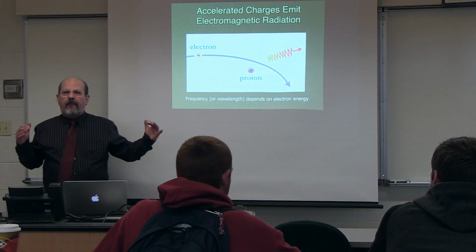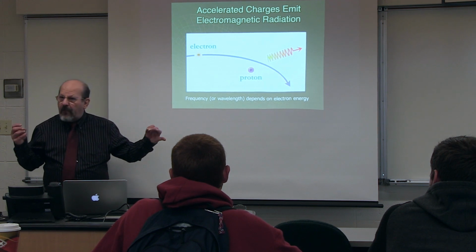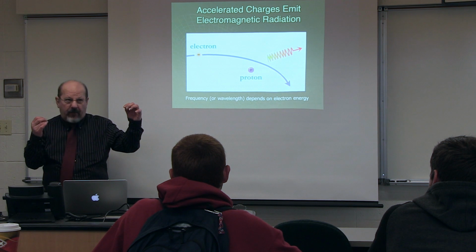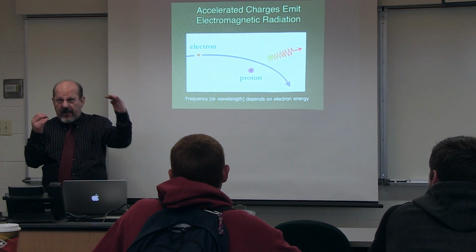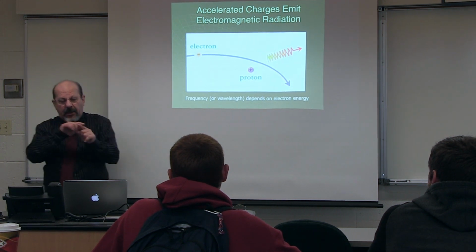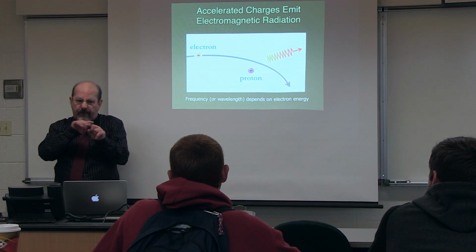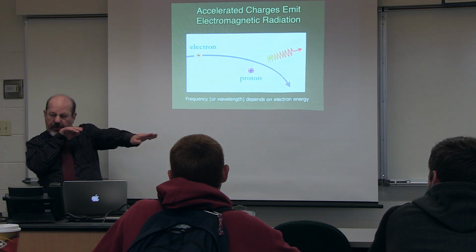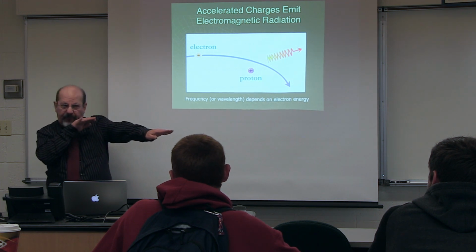As these ions are in motion, right? So as an electron, say, sees the field of a proton, its course is deflected. And as you know from Newton's law, a body will remain in motion or at rest unless acted upon by an external force.